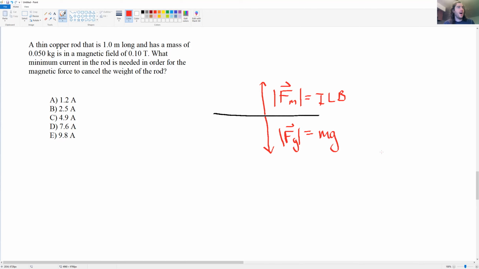So maybe some of you forgot where the force on a current carrying wire comes from. Well, it comes from the fact that when you have a force on a charge, that's QVB, right?